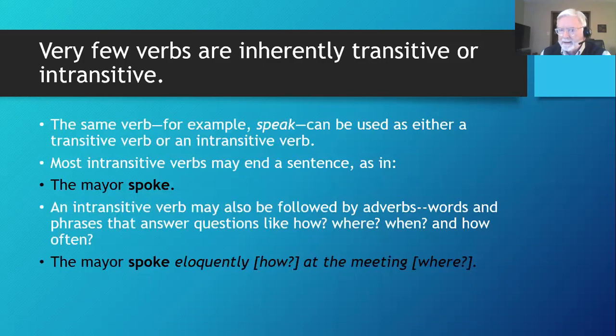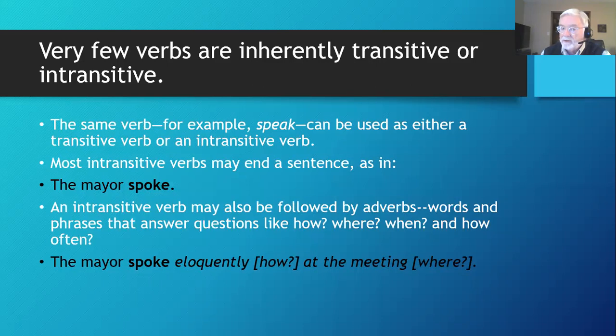One thing to say is that very few verbs are inherently transitive or intransitive. For example, the same verb, I give the word speak, can be used as either a transitive verb or an intransitive verb. Most intransitive verbs may end a sentence, as in this example, the mayor spoke.